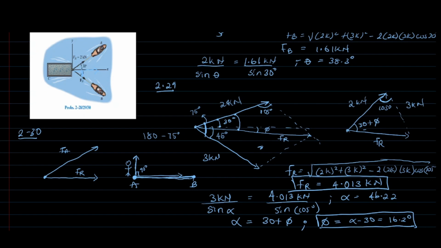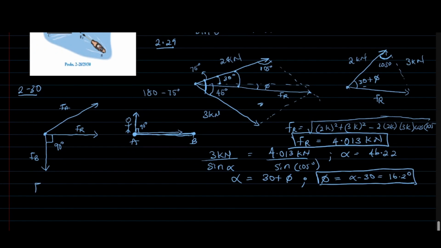For FB to be able to exert minimum force, it has to be perpendicular to FR, 90 degrees. So now to find FB, here's 2 kilonewtons. We're simply going to have a right angle triangle. It's going to be FR here, 2 kilonewtons, and FB at this point. This is 90 degrees.